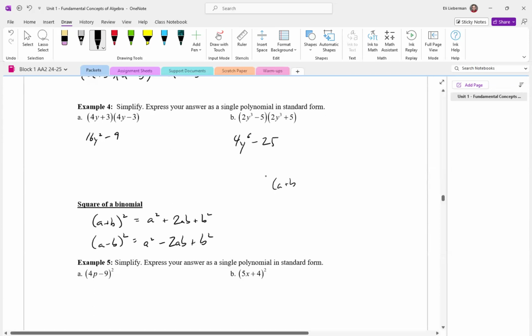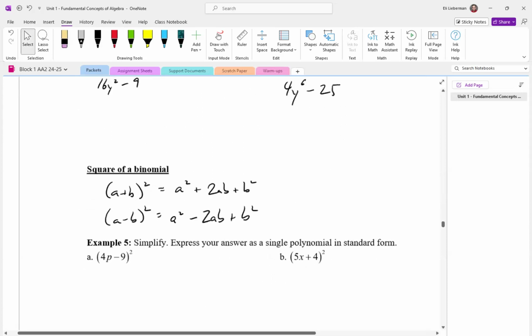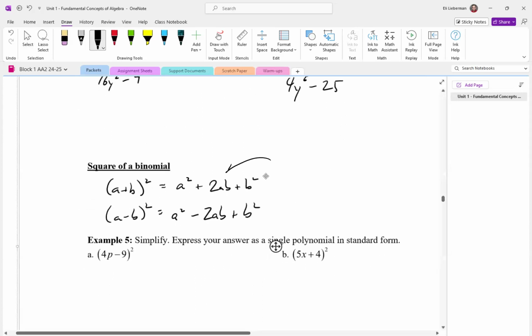Yes, you could always break it down into a multiplication problem and use distributive property, but that's a huge waste of time, and too often you'll get the answer wrong. So we're going to practice using this form. So the middle term, in my mind, I think double AB. That's what goes on in my head.